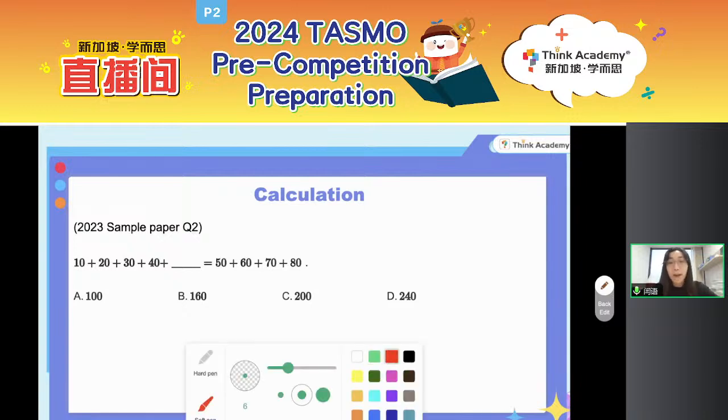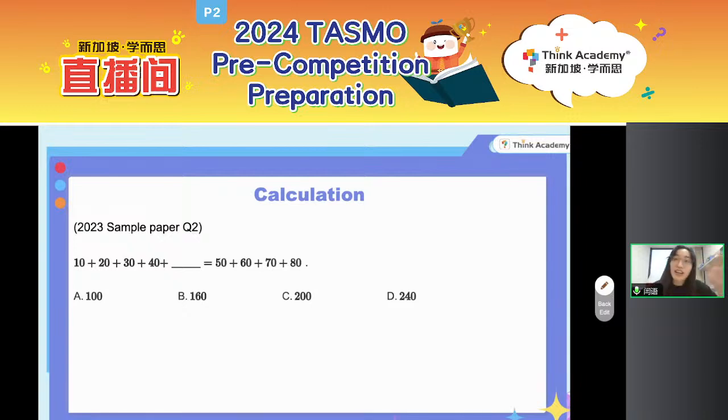Let's try to compare all the items on the left side and the right side. Here you see the 10 and the 50. 50 minus 40, and then you will get 10, right? And then what about the 20 and the 60? What is the difference between them? Also 40, right? And then 30 to 70, that is also 40.